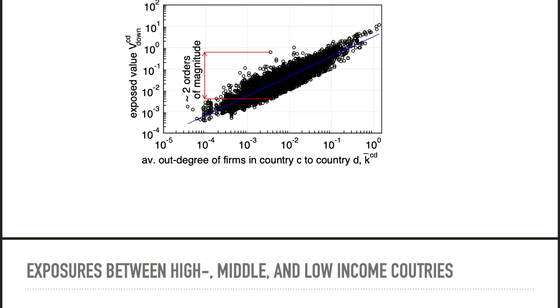This is the exposed value in absolute terms, so we multiplied by the size of the country. You can see there is a very strong correlation between the average out-degree of firms between country C and D and the exposed value, but still there is a two orders of magnitude difference. So there is a good amount of indirect exposure.